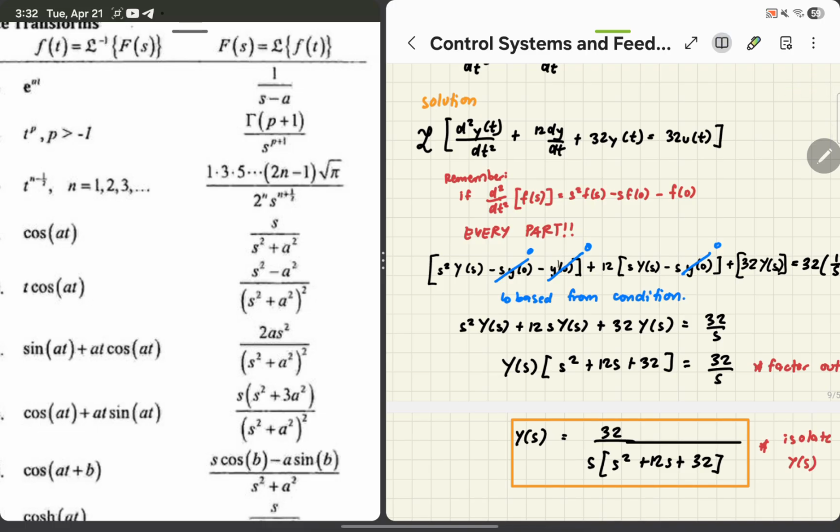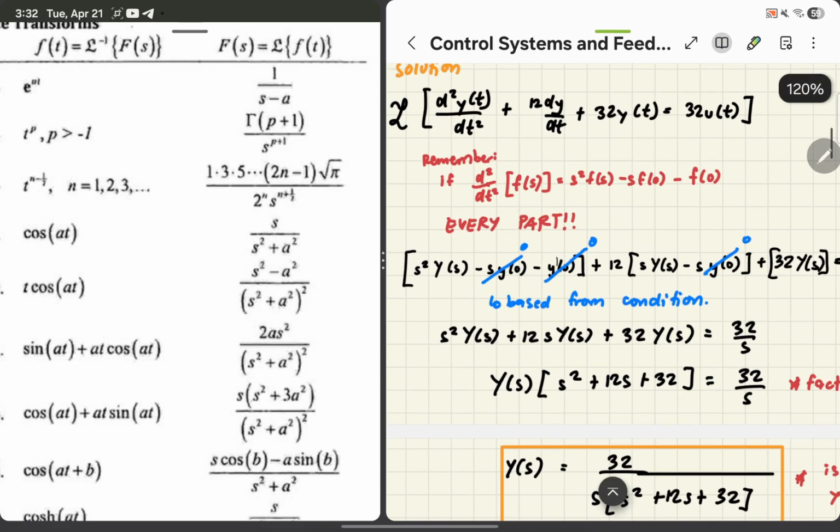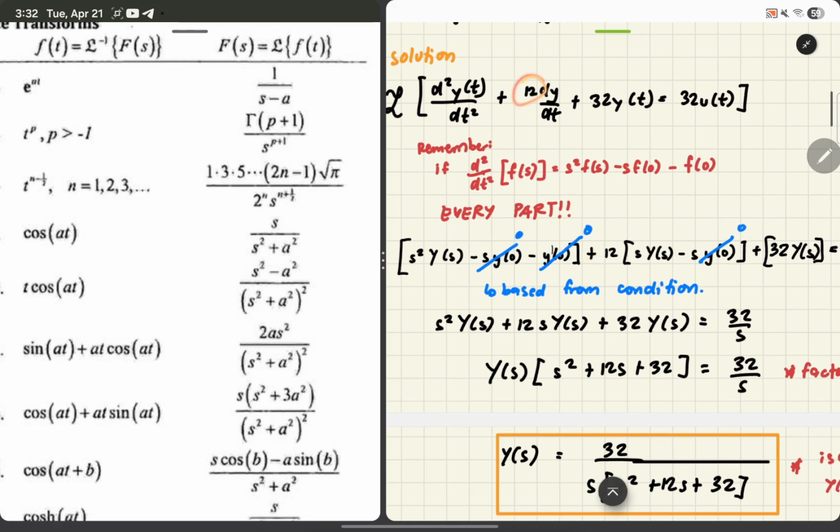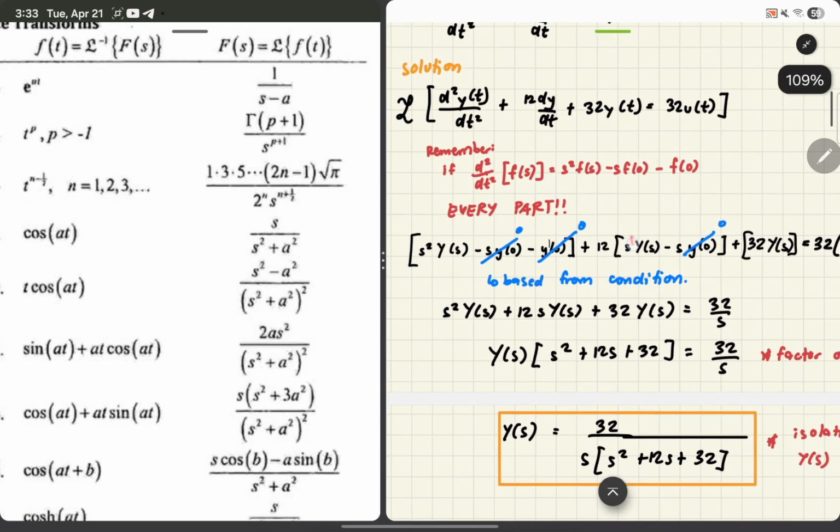Now, as you can see here, s squared Y of s minus s y of 0 minus y prime of 0, plus, since we have a constant, we'll just separate that, 12 times s Y of s minus y of 0. Since the exponent of this is just 1, then the exponent of the initial s will be 1 as well, multiplied by the frequency domain minus the decreasing.